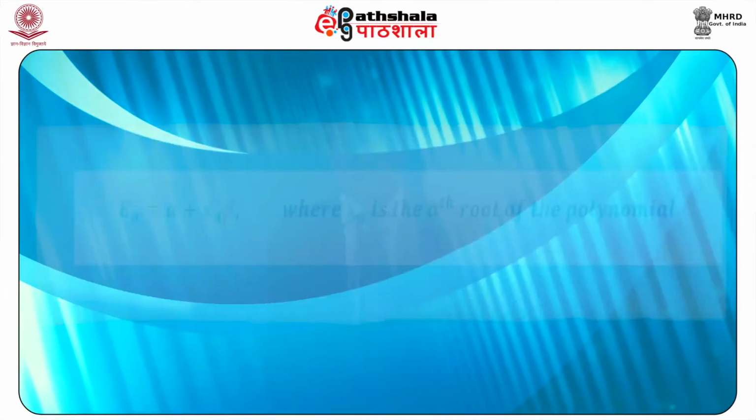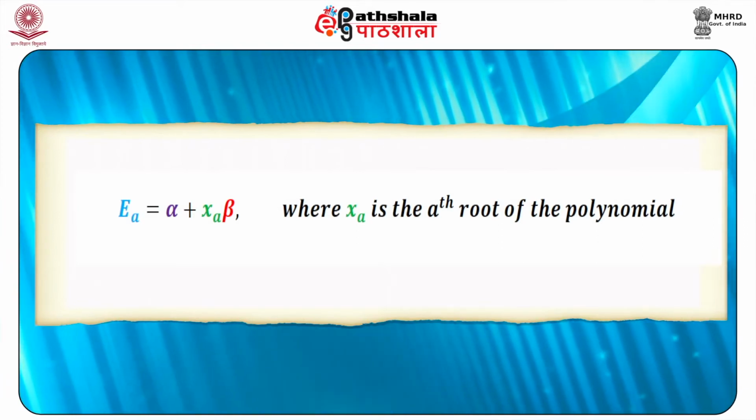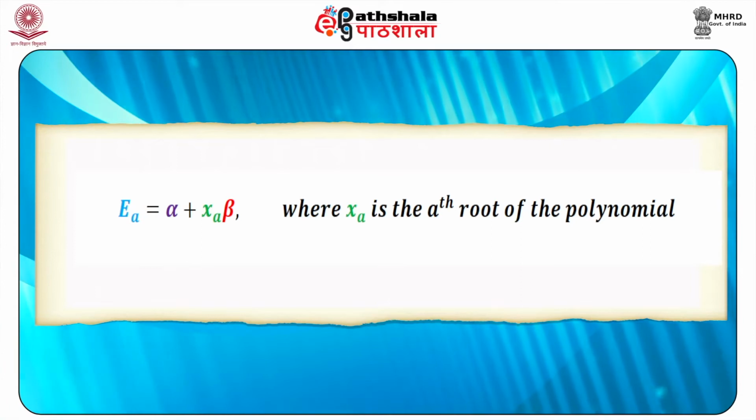In a general case, we have a secular determinant of the order n by n. If we expand it, we get a polynomial equation of order n, and its solution will give n roots. And from those roots, one can calculate the energy of the various n orbitals. In general, the energy of the A-th molecular orbital is given by the expression E_A equals alpha plus x_A beta, where x_A is the A-th root of the polynomial.